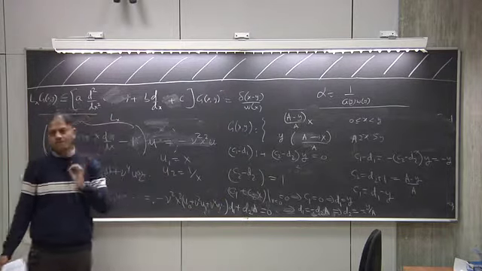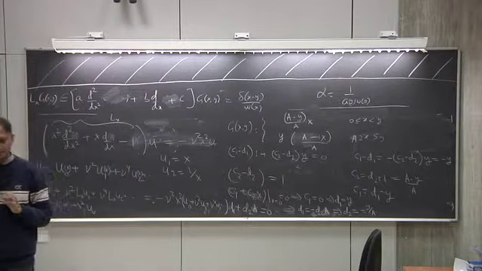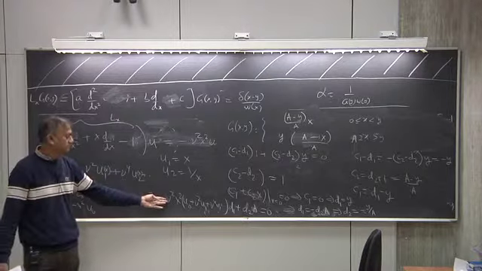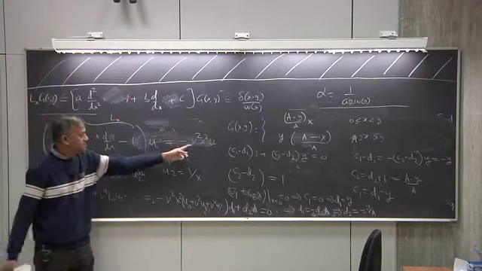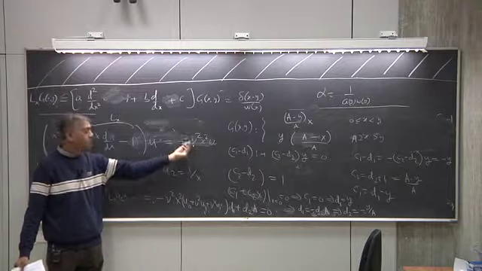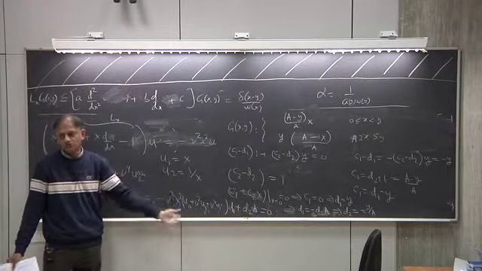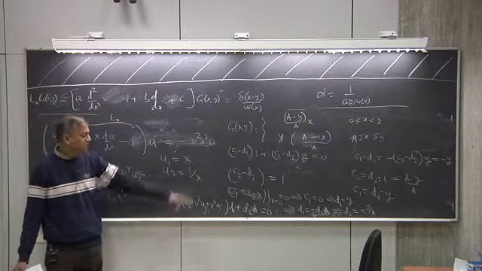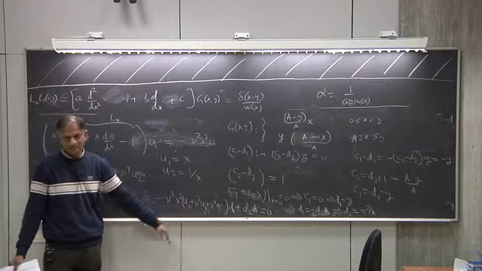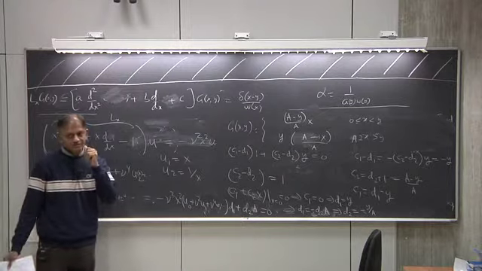This is what is called perturbation theory. Nu is a parameter in this equation, and if nu is small, this would be a pretty good approximation. Already the first couple of terms will give you a very good approximation. If nu is large, you cannot apply this method. So this is the perturbation theory.